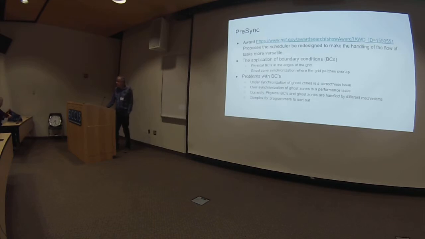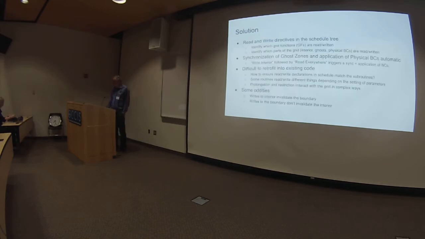The basic concept is that you have read and write directives in the schedule tree. When you schedule your functions, you say which grid functions are read and written. I'm just using Cactus terminology here in the hopes that you all know what I'm talking about. A grid function is a distributed data structure that goes across all the processors. Each processor owns a piece of it and has ghost zones which connect it to the others.